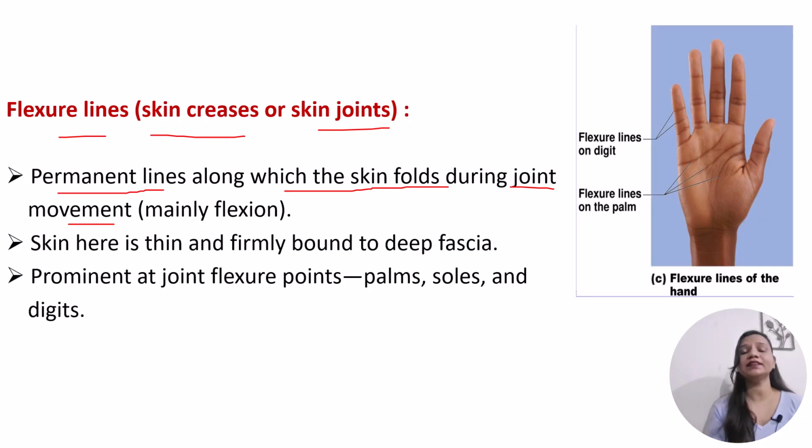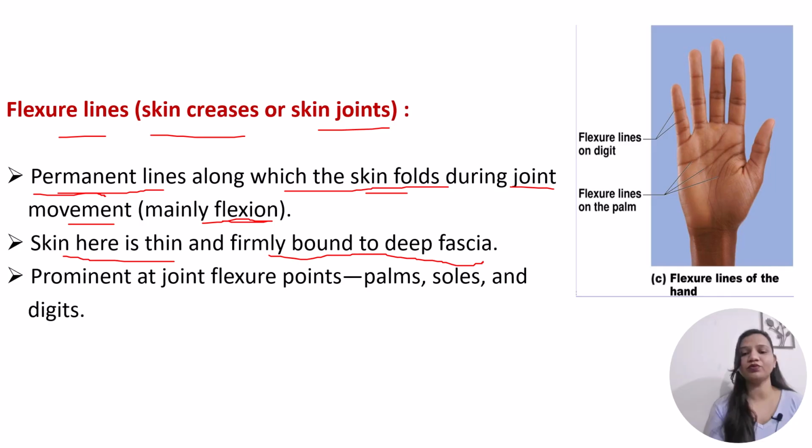And these lines are the permanent lines along which the skin folds during joint movement, mainly flexion, as I've already told. The skin here is thin and firmly bound to the deep fascia. The skin here is thin because it is connected to the joint.